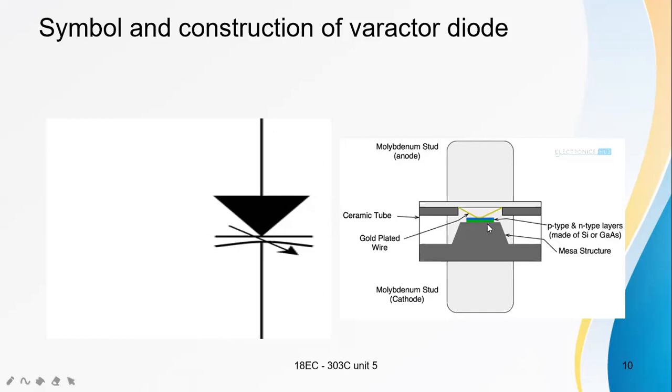Depending upon the material, the properties will change. These are the gold-plated wires and the ceramic tube. This is the anode and cathode, the two terminals.